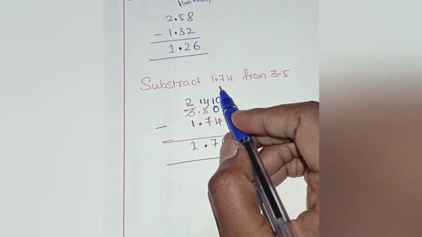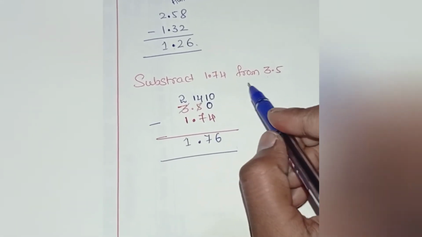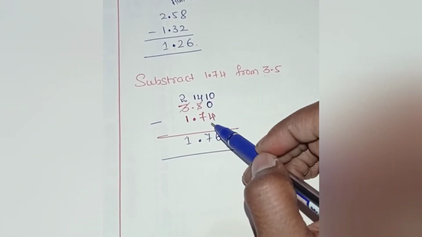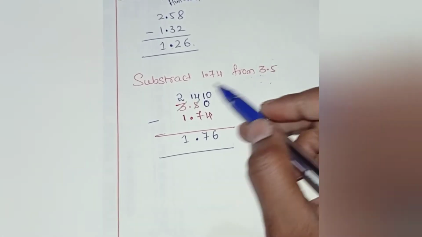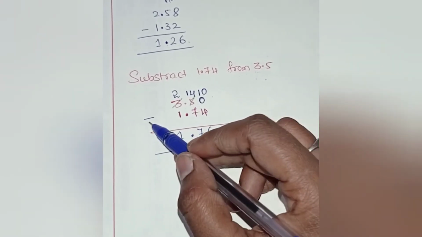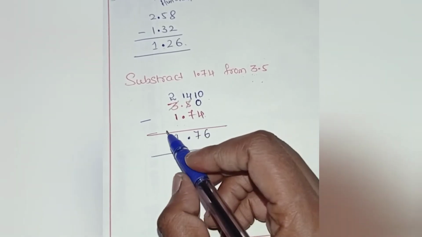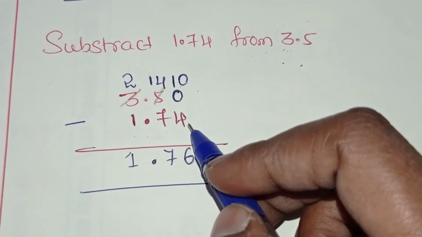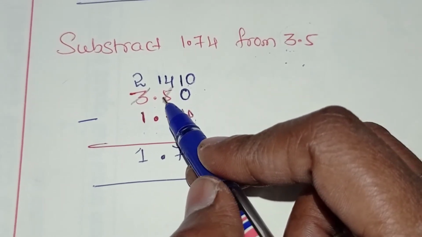Subtract 1.74 from 3.5. Children, this number should come above, this should be below. From 3.5 means this should be written first. So 3.5 minus 1.74. Let's subtract. We can't subtract 4 from 0, right, children? So what do I do? I borrow 1 from this number to here.